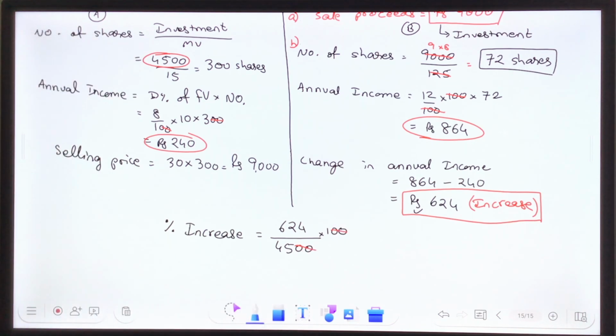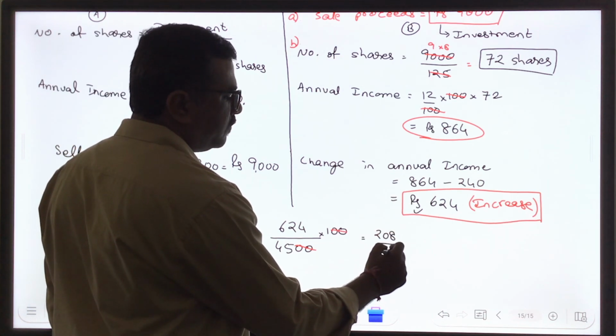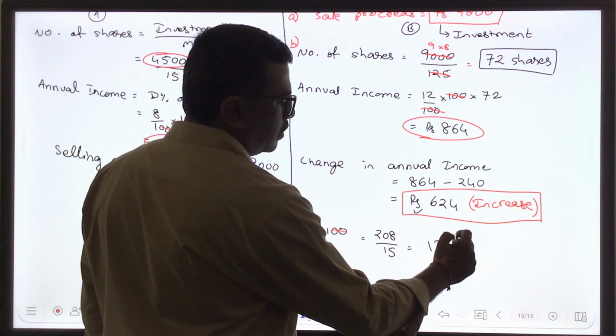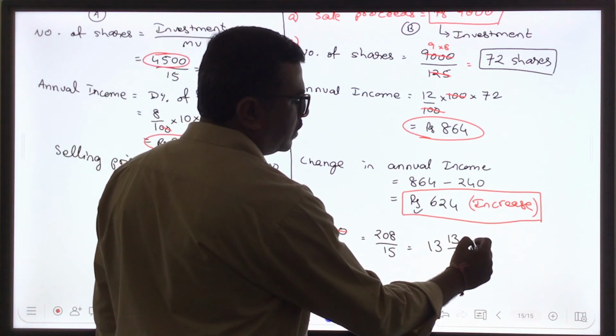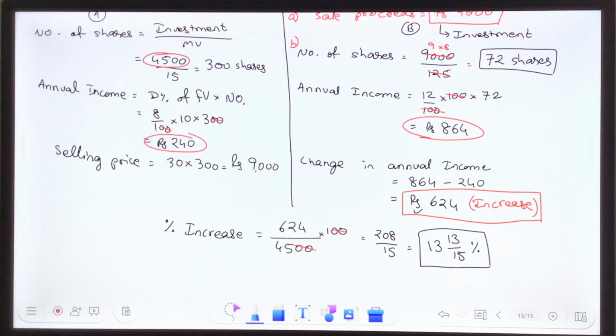On reducing this, we get 208 upon 15, which is 13 upon 15%. So approximately 14% increase from his original investment.